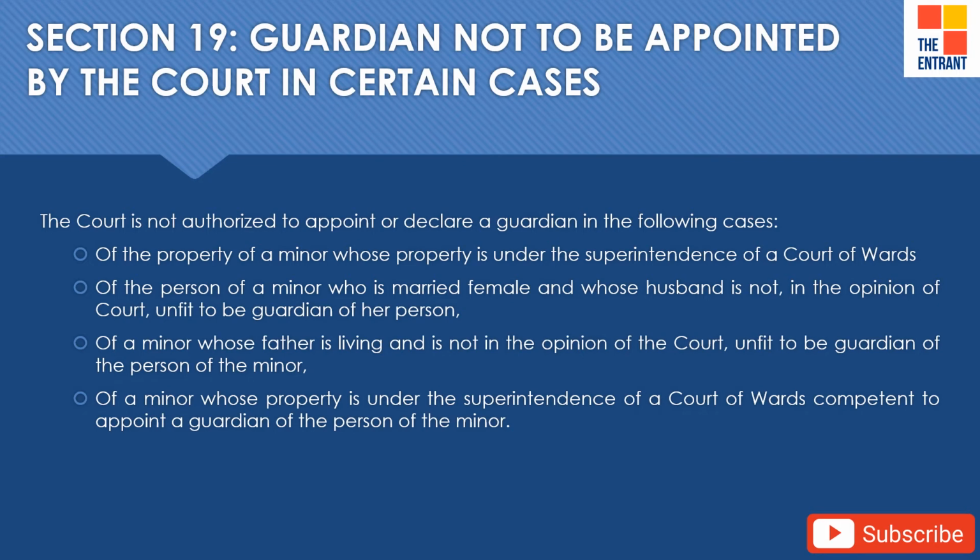The court is not authorized to appoint or declare a guardian in the following cases: of the property of a minor whose property is under the superintendence of a court of wards; of the person of a minor who is a married female and whose husband is not, in the opinion of the court, unfit to be a guardian of her person; of a minor whose father is living and is not, in the opinion of the court, unfit to be guardian of the person of the minor; of a minor whose property is under the superintendence of a court of wards, competent to appoint a guardian of the person of the minor.